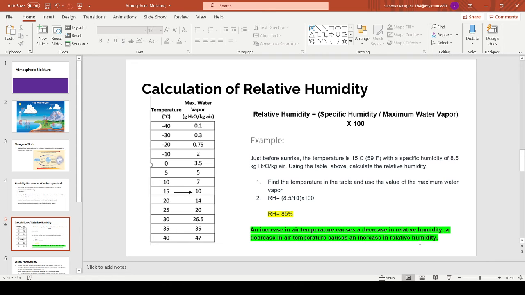And oftentimes in the morning, you can see little dewdrops on the leaves of plants or trees, and this is how you'll know that the relative humidity is 100%, compared to the afternoon where relative humidity is very low, so there's no chance of condensation forming. So that's what this means.